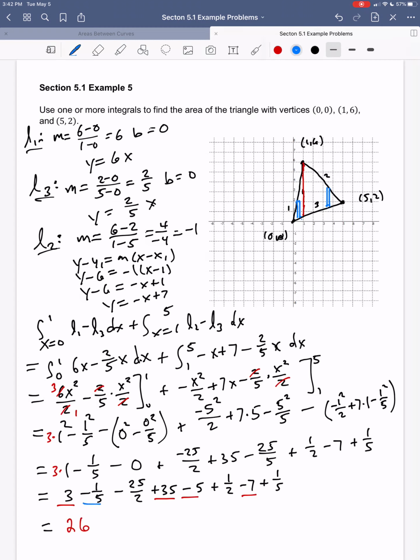Minus 1/5 plus 1/5, those cancel out. And now minus 25 halves plus 1/2 gives me minus 24 halves. So I get 26 minus 12, which would be an area of 14.